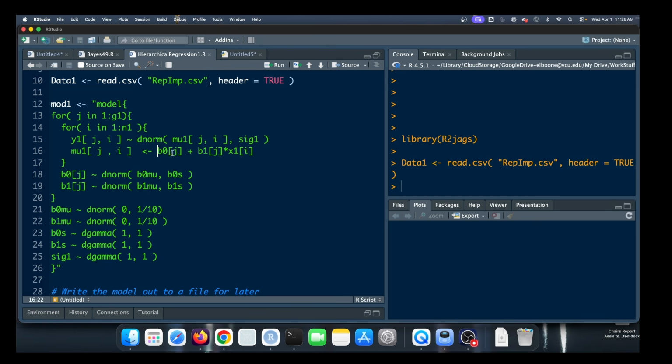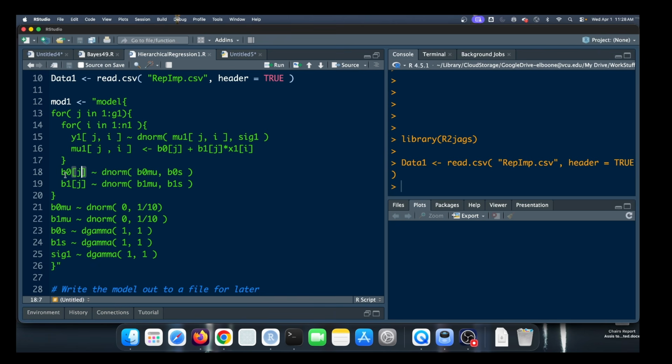Now, these have a prior distribution here. So I've got beta 0j is normal, with a mean of b0 mu and a variance of b0s. Okay, and that's precision actually. Then here we have b1j is dnorm, b1 mu, b1s, which is its precision.